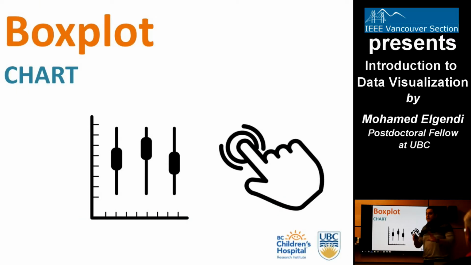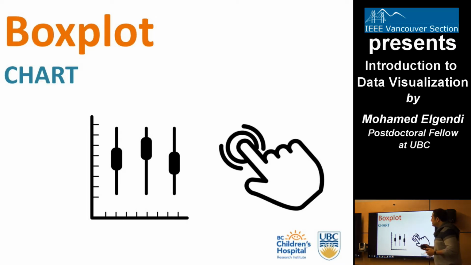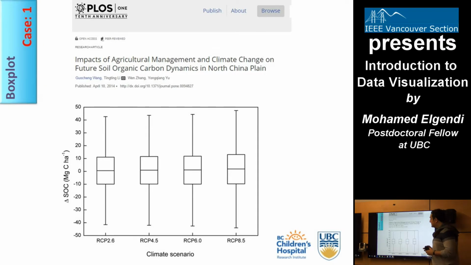Box plots are to show differences. Bar chart, yes, but box plot even more, because you're considering the mean and deviations. This is published 2014. That's a box plot that should show some differences.